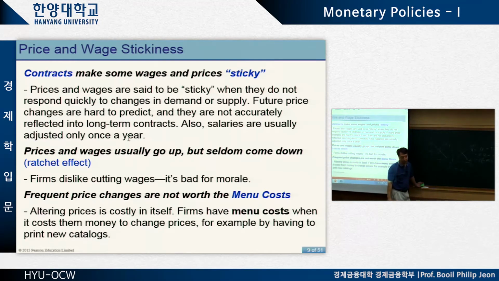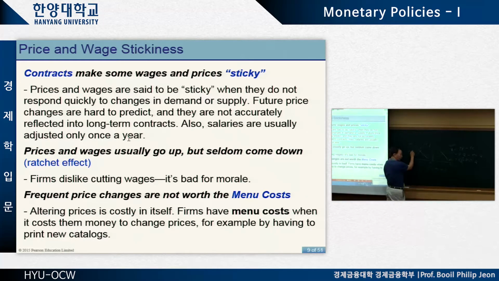Or another way to understand it is, at the current level of wages, not as many workers are willing to work. So the quantity supplied for labor would decrease.